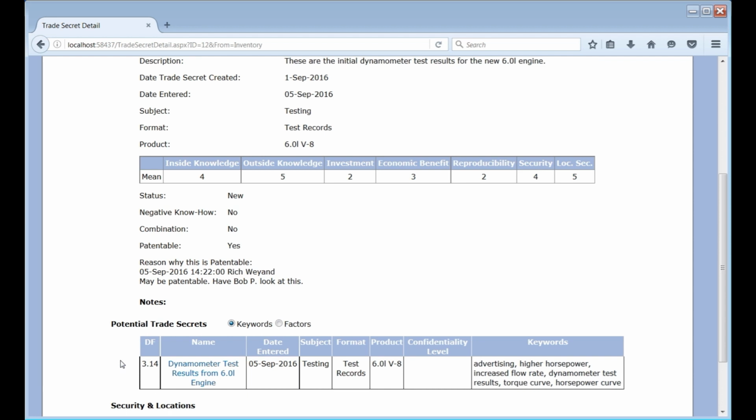That defendability factor is a prediction of the relative likelihood that the trade secret will be recognized by the court as meeting the test of being a trade secret. The better that number is, the easier it's going to be to prove in court that this is a real trade secret, that it meets the needs of the law, and that we can protect it with legal protections. So that's where that number comes from.